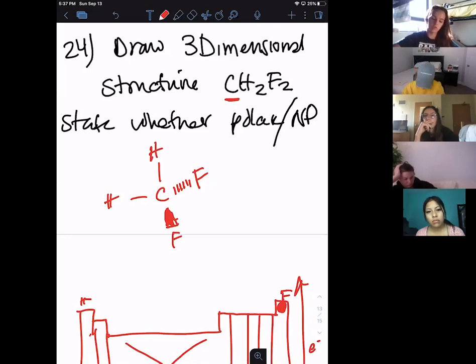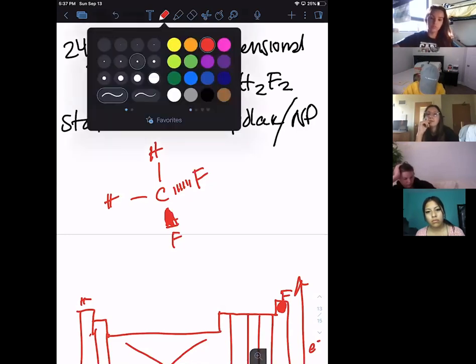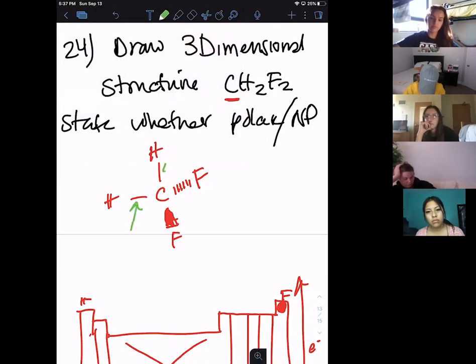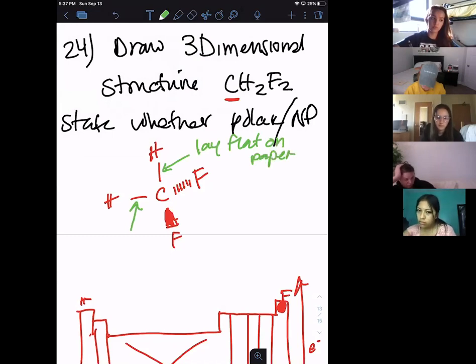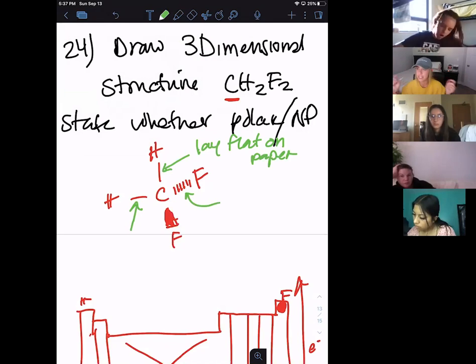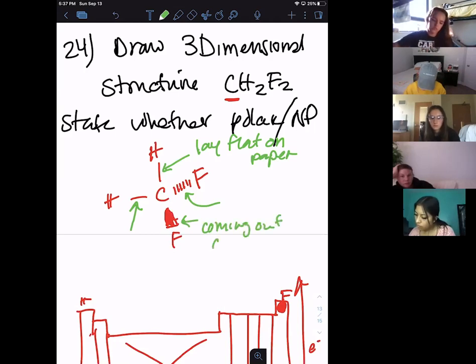So these sticks like this, when you see that, these are going to lay flat on paper. It doesn't matter if it's a wedge or a dash, or the lines are solid. It doesn't matter. But you just have to know, differentiate that one is coming out of the paper.